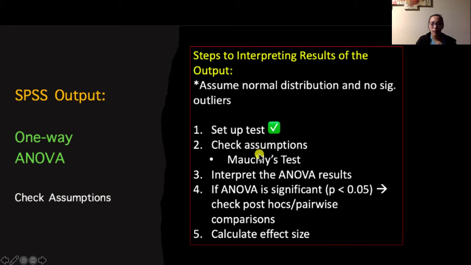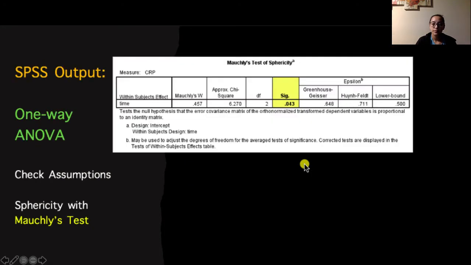So now we have an output that we can start looking at. The first thing we need to do is check our assumption under Mauchly's test. The assumption that we need for any type of repeated measures ANOVA is sphericity. Mauchly's test will have its own table listed as Mauchly's test of sphericity, so it's pretty easy to identify.